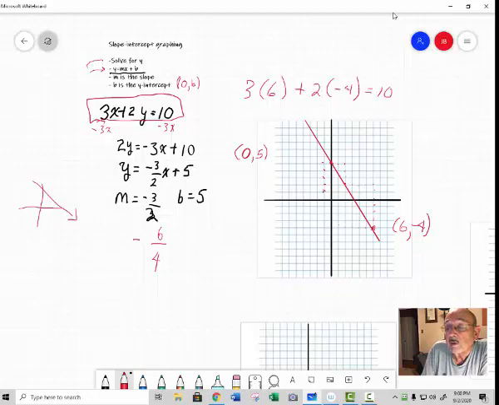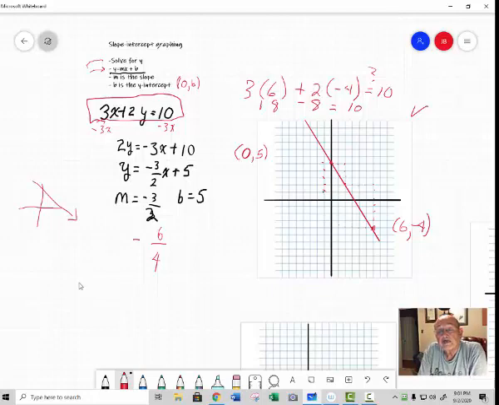That's the question that I have. Well, that's 18, and this is negative 8. Looks to me that's going to be equal to 10, so it does check out. Once again, every point on my line will make that a true statement.